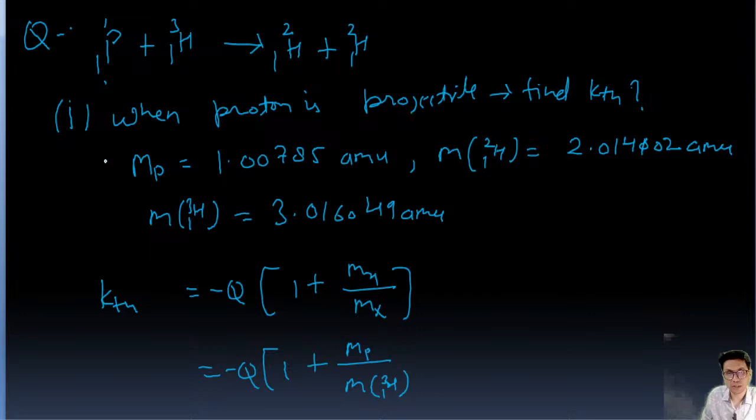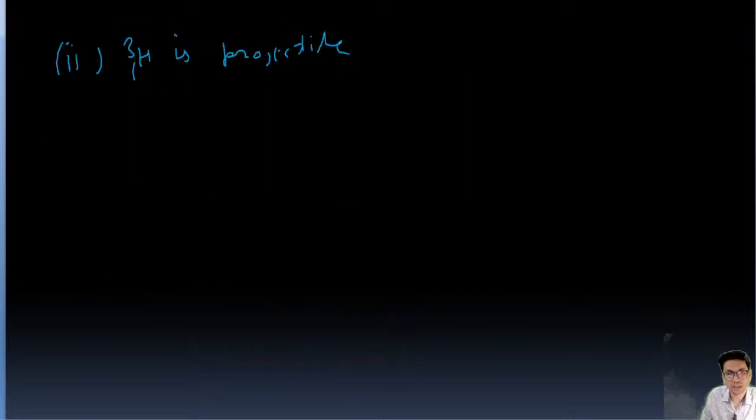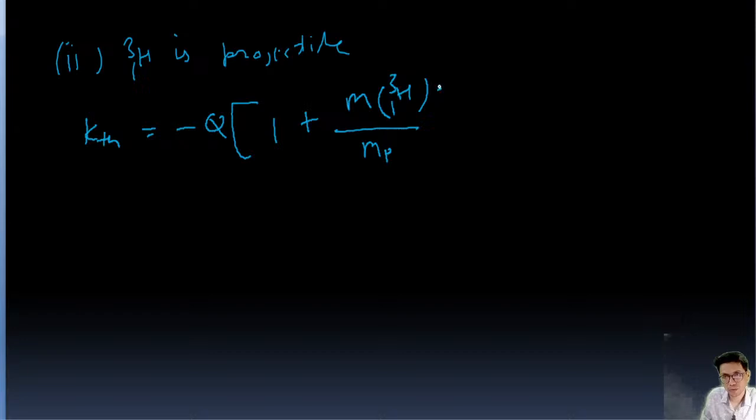Second case is when 1H3 is the projectile. In this reaction, this is the projectile. In that case, the formula is simple: KTH is going to be equal to minus Q into 1 plus mass of 1H3 upon mass of proton.